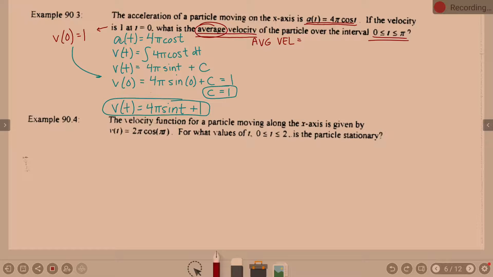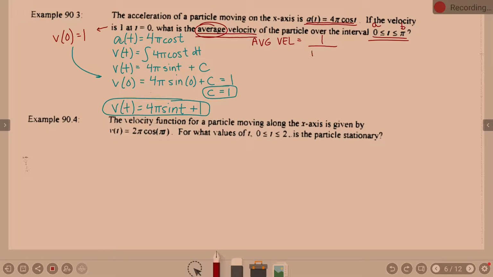I forget, but there's a formula for it, right? What fraction goes out front? Is it 1 over b minus a? What are my b and a? 0 to pi? Yeah, right here, the ends of my interval are a and b.